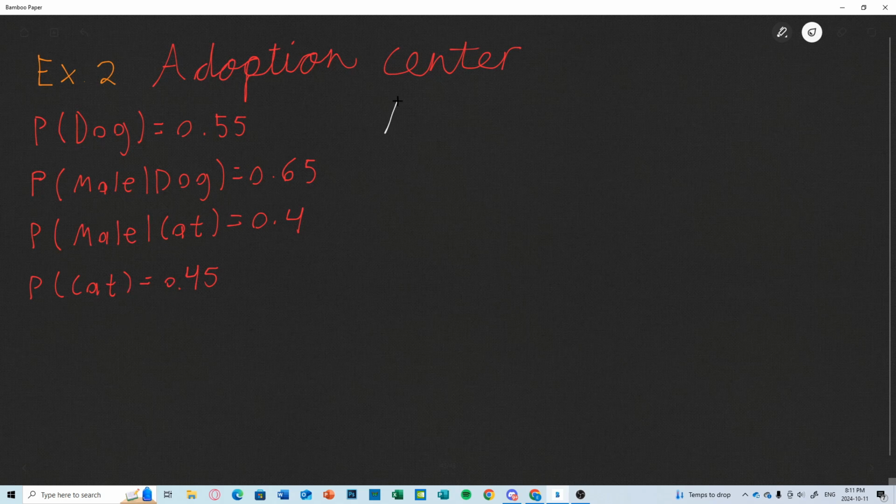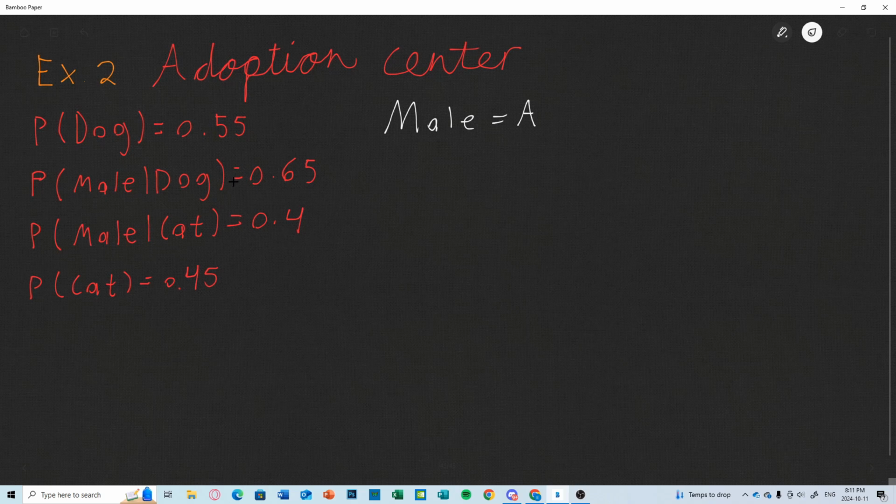So if we have our male as A, to use our normal formula to find our A, we would need to have a B and a B complement. But we don't have a B or a B complement in this equation.